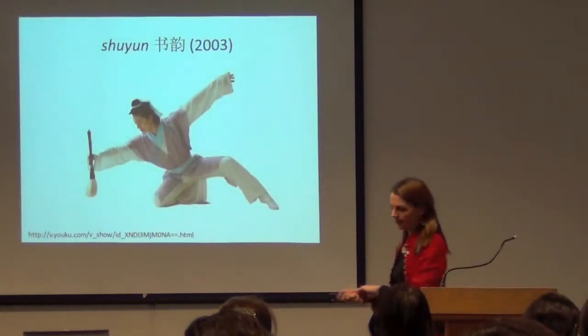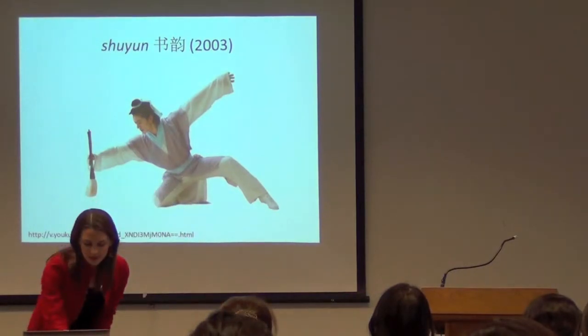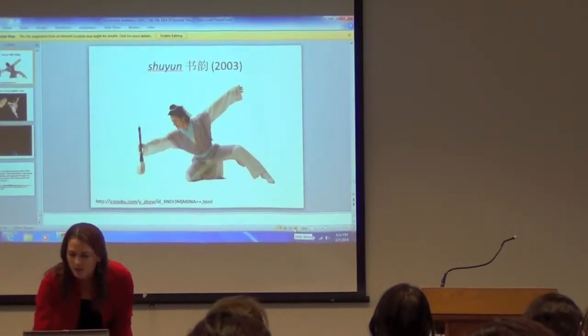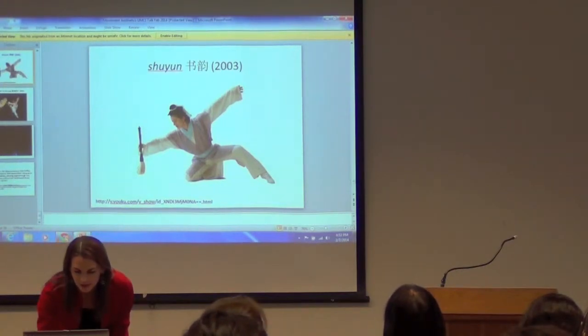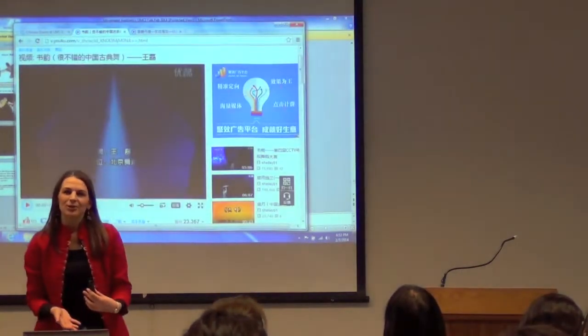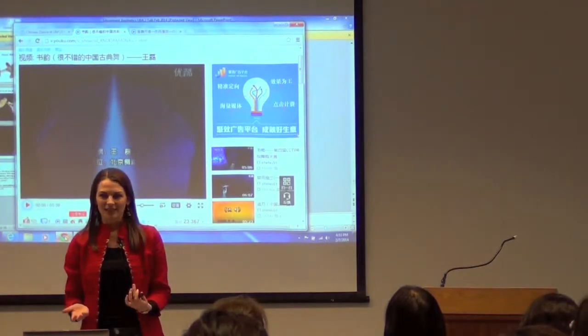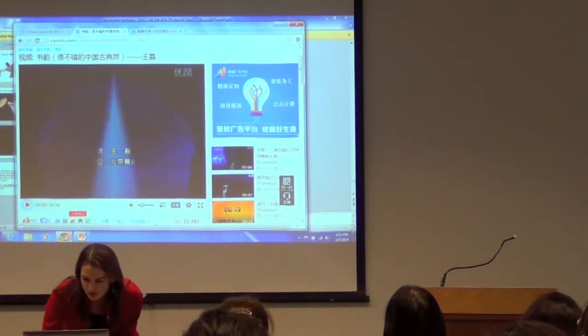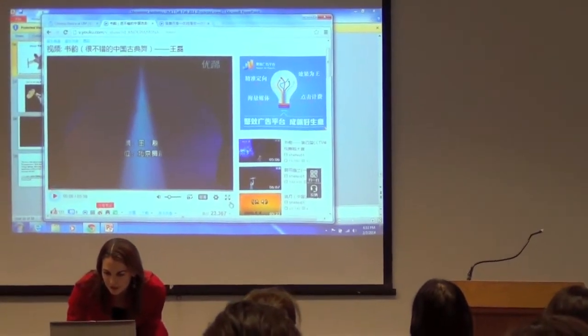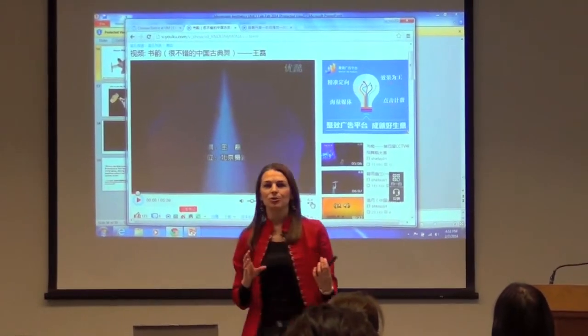And so let's take a look at these two contemporary Chinese classical dance works, both of which are highly representative today of the style of dancing that we will be learning. The reason I chose these two is that neither of them use a sword or a sleeve, but you can see the similar types of aesthetic features being used in these two works. The first one I'll show you is called Shu Yun.